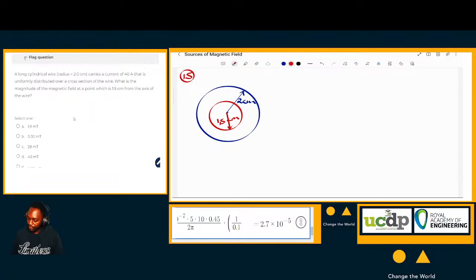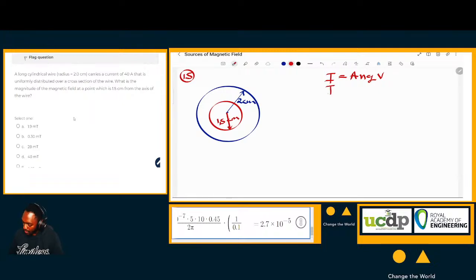So what happens to the magnitude of the current as you move further from the axis? Does it increase or decrease? If you recall, your equation I is equal to nAqv for current flowing in a conductor, where A is the cross-sectional area.